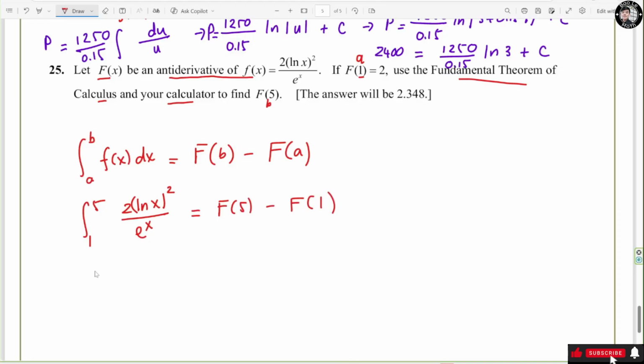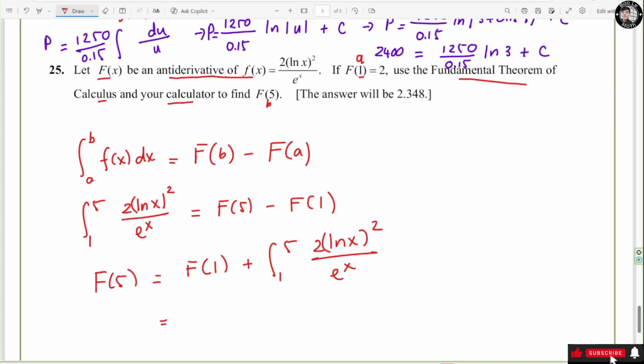So we have F of 5 is F of 1 plus the integral from 1 to 5 of (2 ln s) all together squared over e to the s, right?